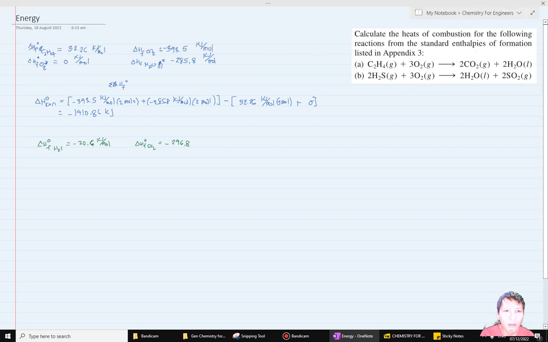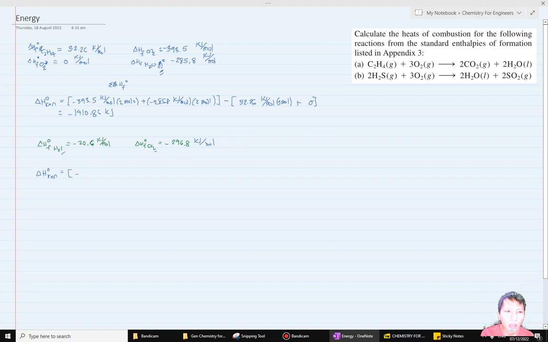Here is hydrogen sulfide H2S, and here is your SO2. So, the delta heat or enthalpy of combustion or reaction, the combustion reaction in general, would be the products from Hess's law. Summation of the products, your products are SO2 and water. Your water, again, you have to look for the water which is liquid.